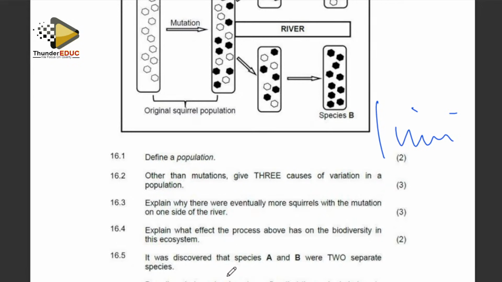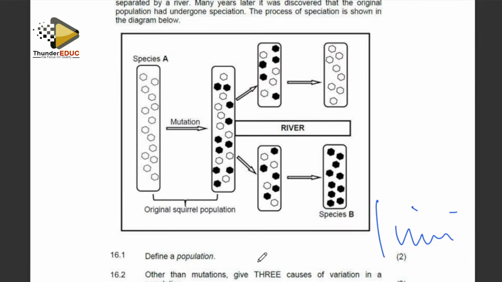We continue the next question. Explain why there are eventually more squirrels with the mutation on one side of the river. Why do we have a lot of them?